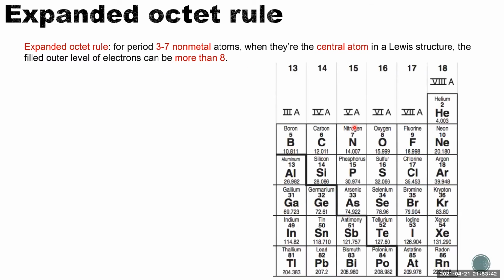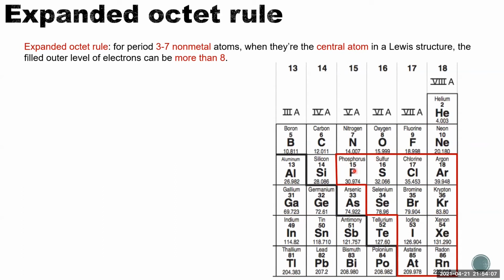These atoms are non-metals from the 3rd period and on. These elements are phosphorus, sulfur, chlorine, argon, selenium, bromine, krypton, iodine, xenon, and astatine, radon, those 2 lines. And there are 2 more in the 7th period. I did not include them here because of the limited space.